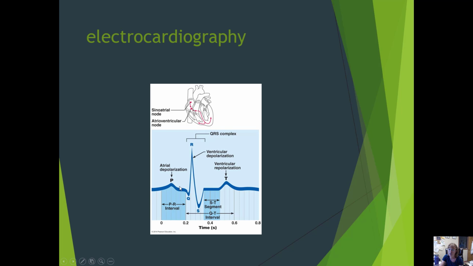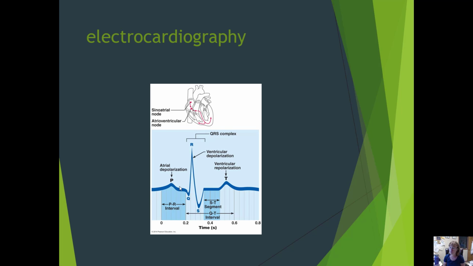All we're doing is looking at changes in the overall electrical activity that's happening within the heart. We can't track the electrical activity that happens from the SA node, the internodal tract, to the AV node, to the AV bundle, and so on. This is just a snapshot of the changes in electrical activity in the heart itself.